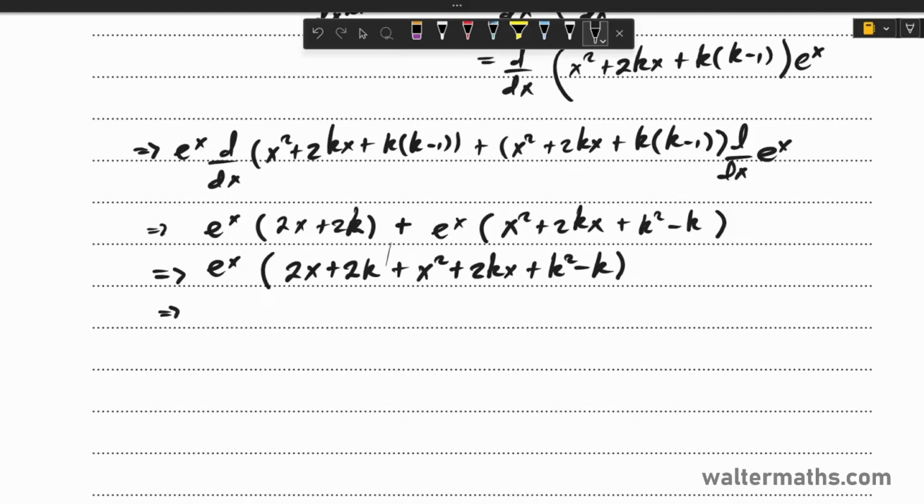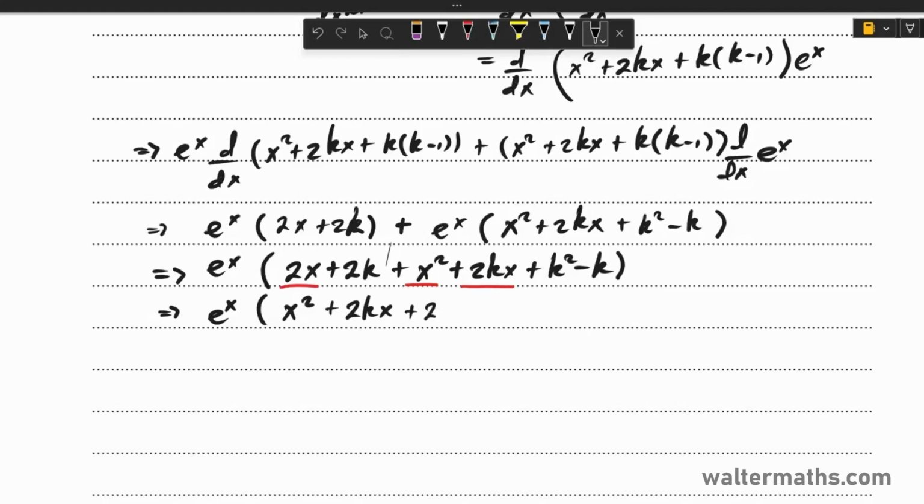So we will be having now e to the x, and here I'm going to take the x squared. So we have x squared here, and next I'm going to take the 2kx. So we have plus 2kx.